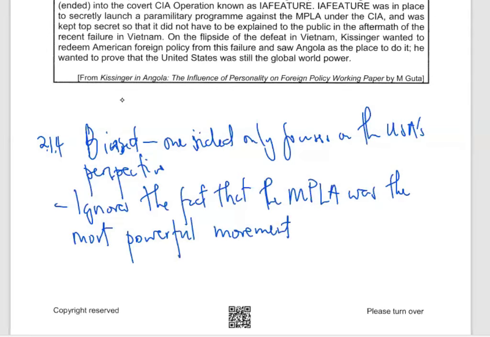A source can be limited because it ignores historical facts that are known. We all know that in the history of Angola, the MPLA was the strongest movement of the three. But this source ignores that fact. It does not mention anything about the MPLA. It only focuses on the CIA giving aid to UNITA and FNLA.